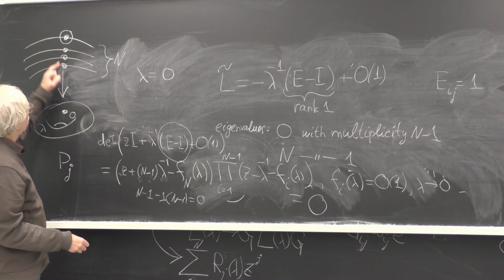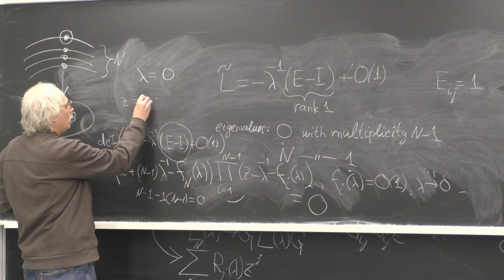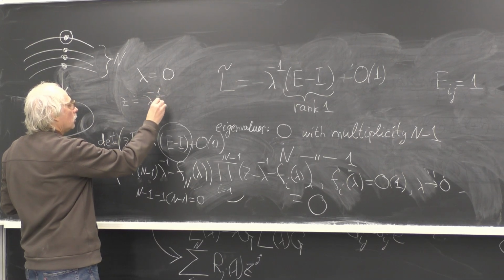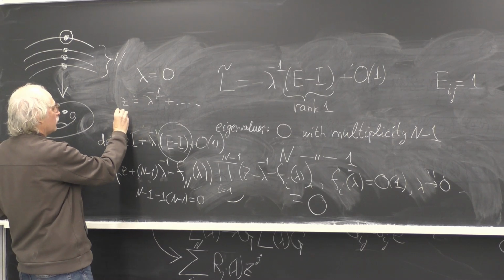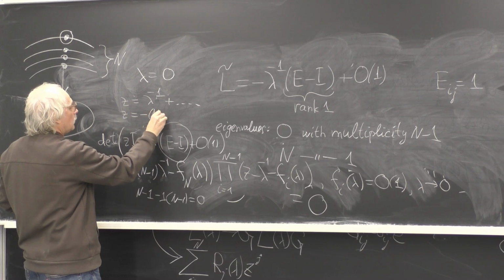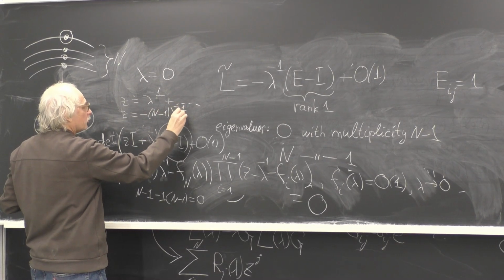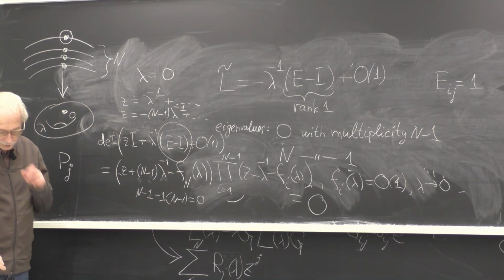So around each point here the leading term is lambda minus 1, and on the upper sheet we have another asymptotics with a different coefficient.